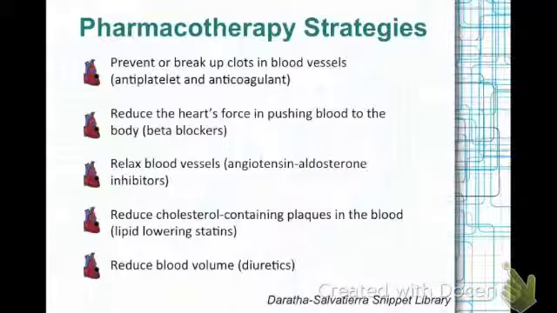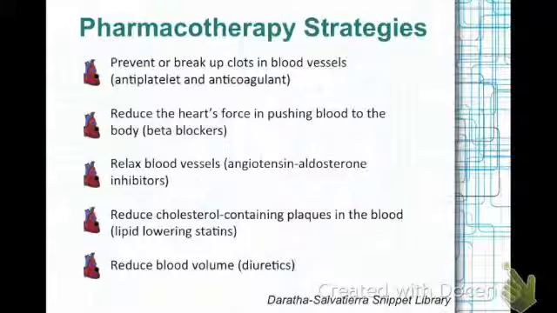The 2013 American College of Cardiology Foundation and the American Heart Association have guidelines for the management of acute myocardial infarction, which outline 5 evidence-based pharmaceutical interventions that should be prescribed at hospital discharge for patients who've experienced a myocardial infarction.